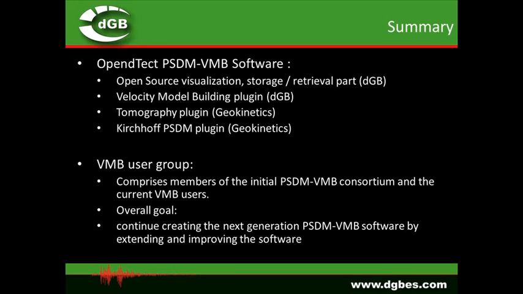The velocity model building plugin by DGP takes care of everything that has to do with picking on your migrated data and creating the velocity model as such. And then the new migration and tomography will have to be done in a second software plugged into OpendTect, so in the Ethos, in the Geokinetics Ethos software.